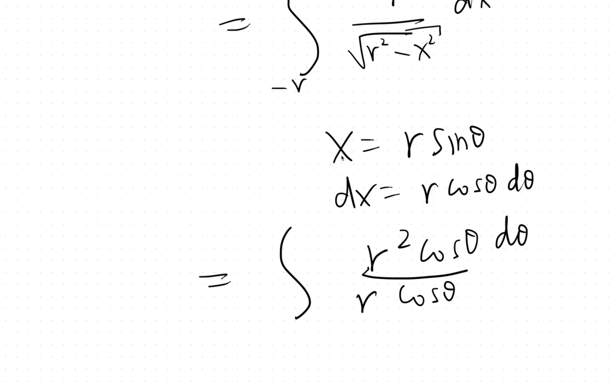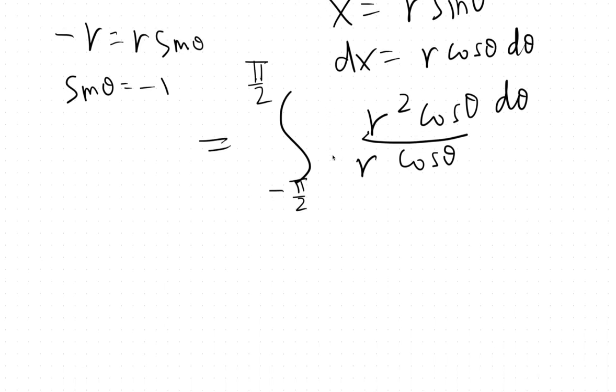When x is minus r, minus r is equal to r sine theta. Sine theta is equal to minus 1, so theta is equal to minus pi by 2, and when r is equal to r sine theta, theta will be equal to pi by 2.